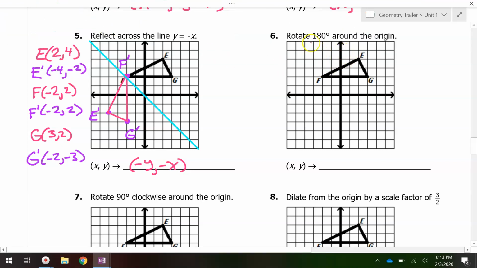So now we're going to do a 180-degree rotation around the origin. All right, so these are the same 3 points. So we still have E at 2, 4, and point F is negative 2, 2, and point G is 3, 2.